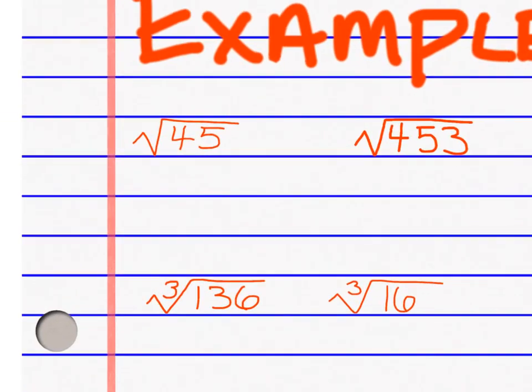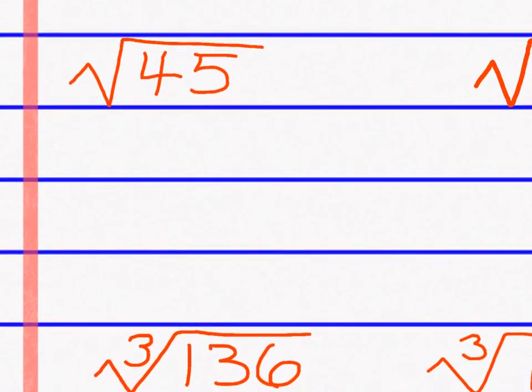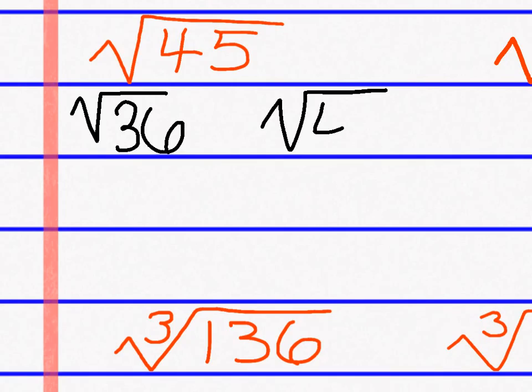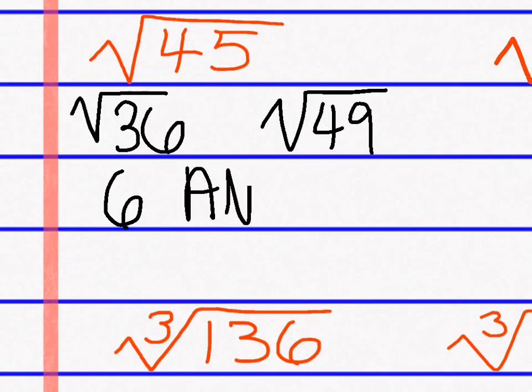Alright, so for the first example, we're going to do what you guys did on Monday. We have the square root of 45. We want to know which two numbers that falls between. So the square root of 45 is between the square root of 36 and the square root of 49. So that's going to give you an answer of 6 and 7.